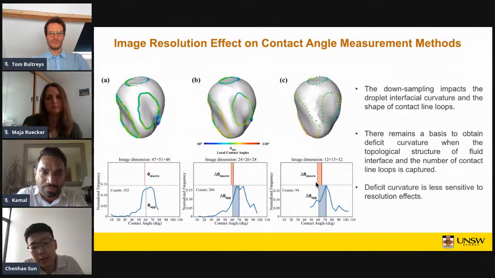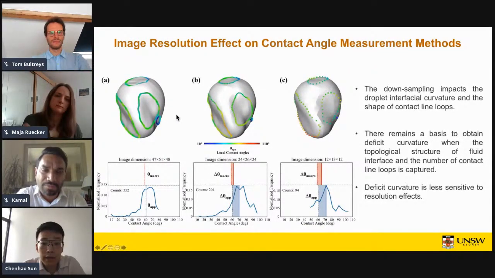I would say yes. We can perform an analysis to test the image resolution effect by taking this flow cluster as an example. We downsample the image of the droplet by halving the resolution twice. It's intuitive in this figure how the downsampling impacts the droplet interfacial curvature and the shape of the contact line.